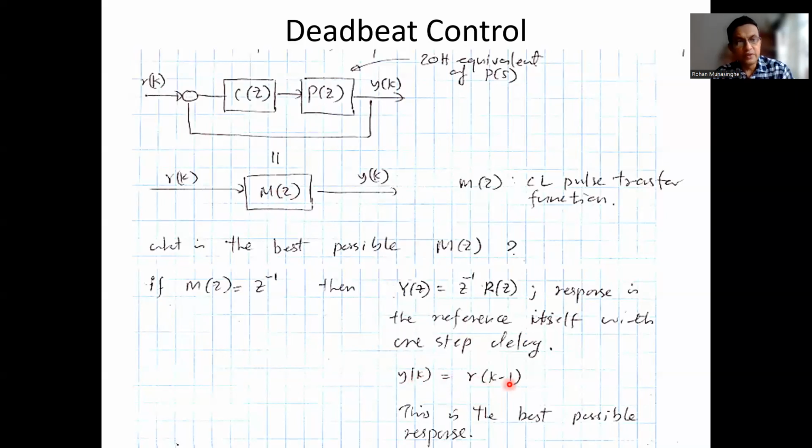Whatever the input at one time step, it will appear on the output side as yk. So you can write it in time domain or z domain, the discrete version. Now we have constrained or clamped the system to the best possible scenario, and then we'll go ahead and figure out what CZ should be in order to satisfy this requirement.